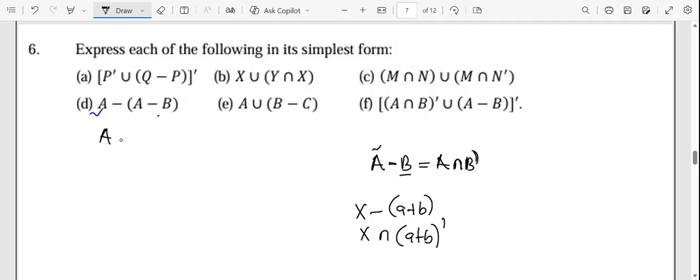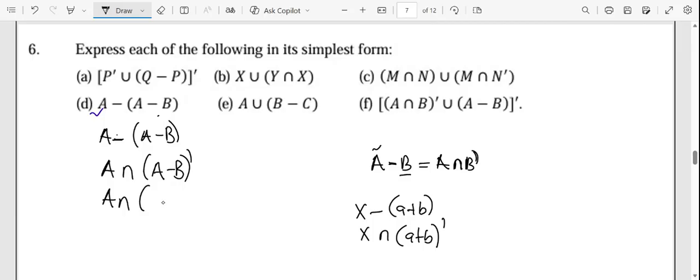I'll have A minus, open bracket, A minus B. I've changed nothing. So before solving what is inside, I'll say A intersection, open bracket, A minus B, then complement. Because of this, I've put a complement, then intersection, then complement there. I've not changed anything inside there. Is that okay?